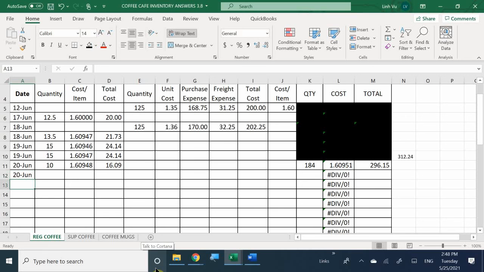Okay, here we are. Regular coffee. 15 pounds.